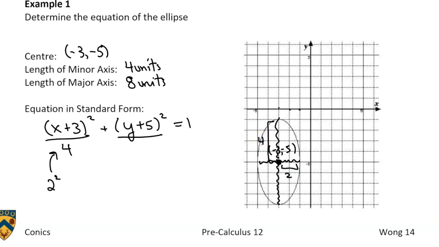So then we're going to put here a 4 squared or a 16 like that. So we'll say 4 squared. And then that would be something that would show our ellipse. And if you want to double check that, you can always look on Desmos, and you can graph that, and it should line up.